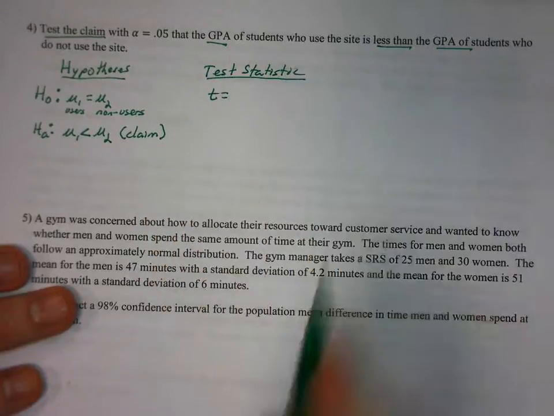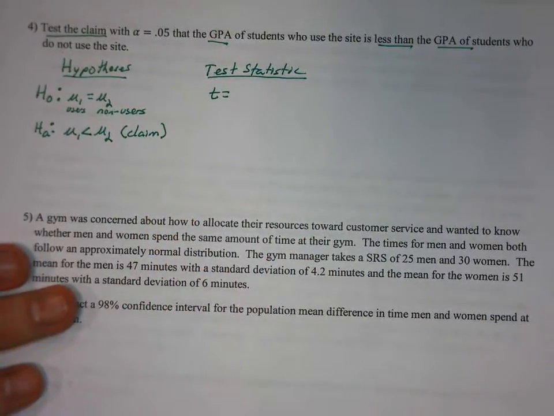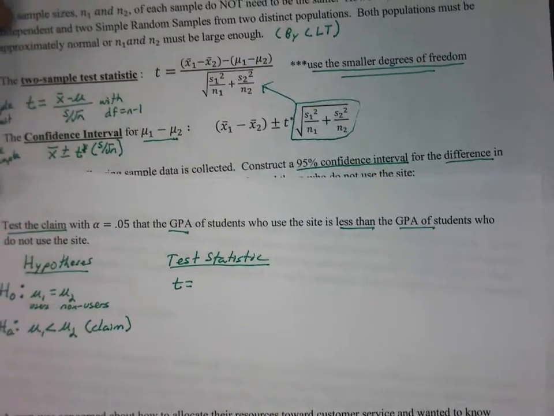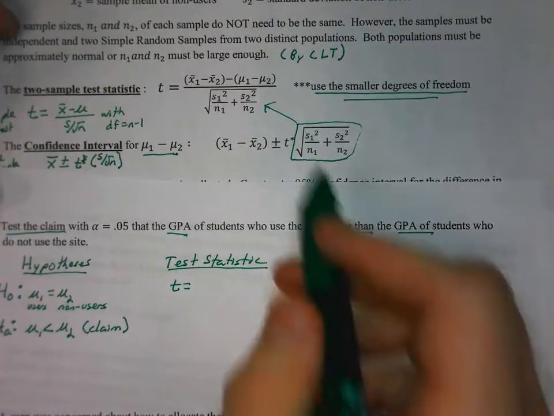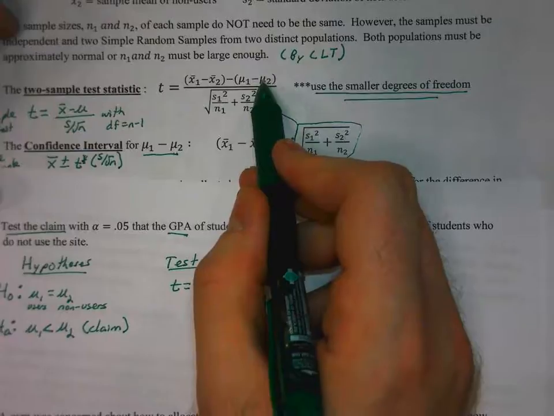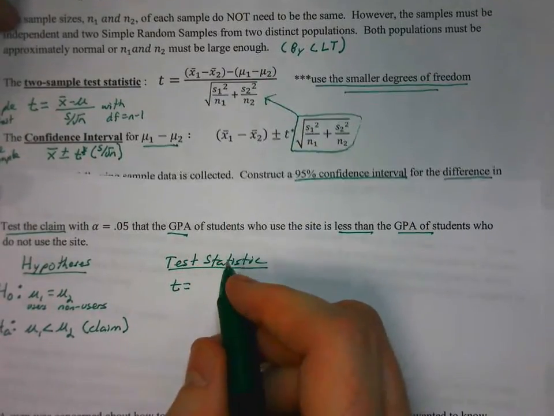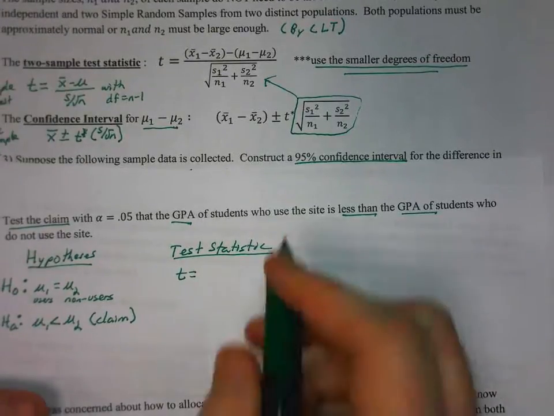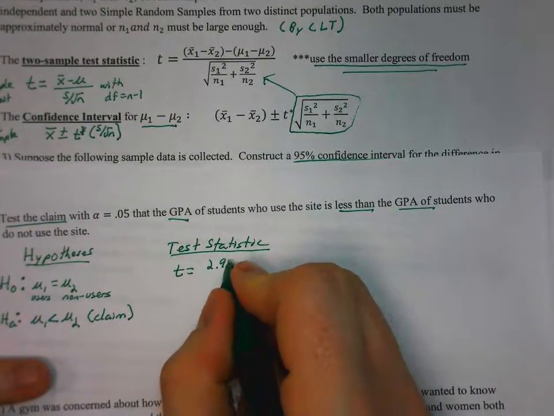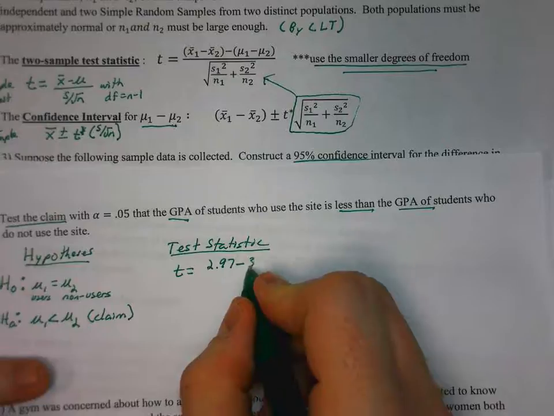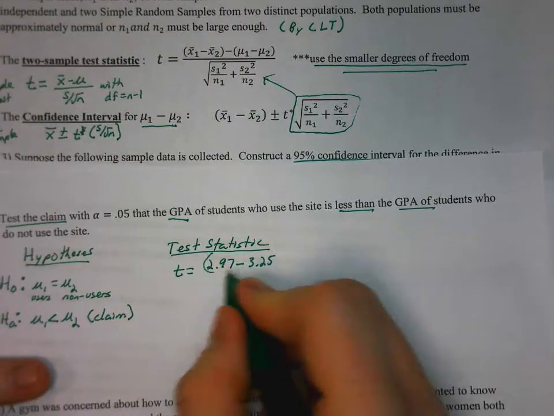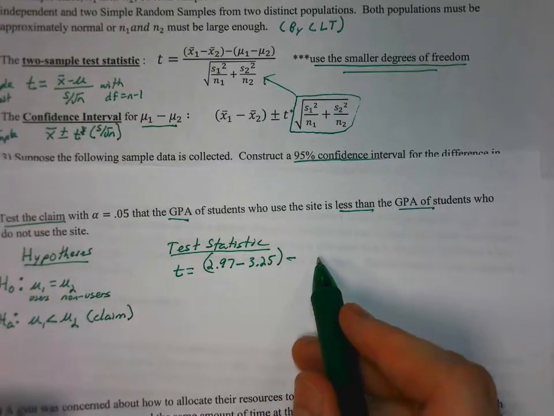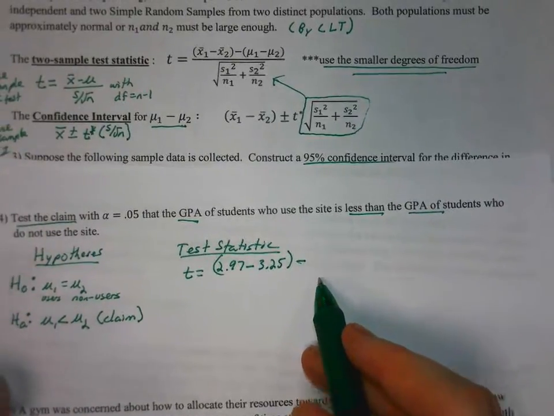So t equals x bar 1 minus x bar 2 minus mu1 minus mu2. So x bar 1 was 2.97, minus x bar 2, which was 3.25, and then minus mu1 minus mu2. Well, there's a little trick on this one.